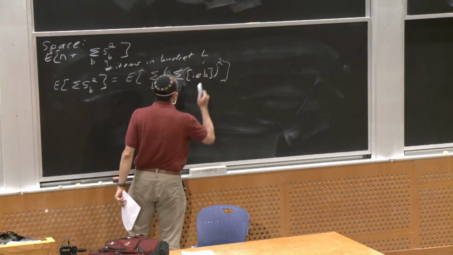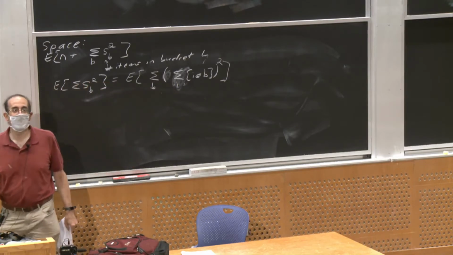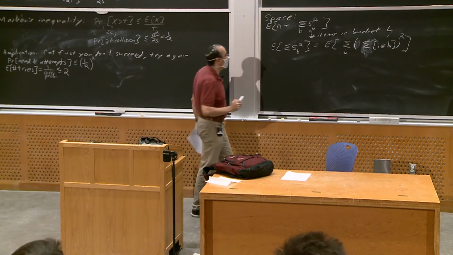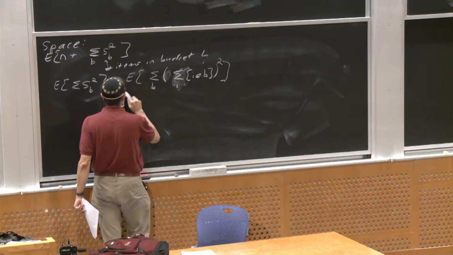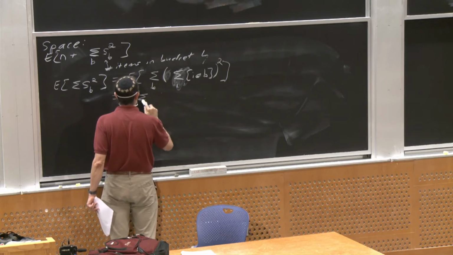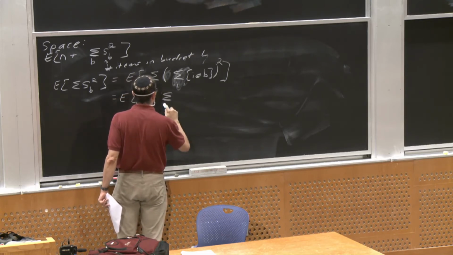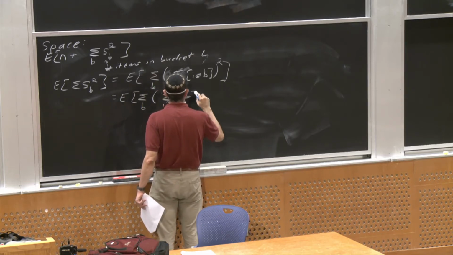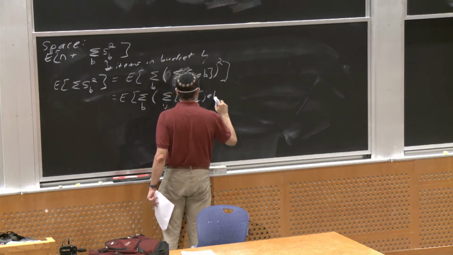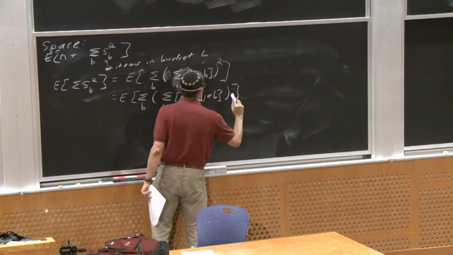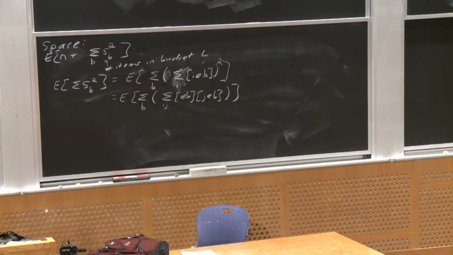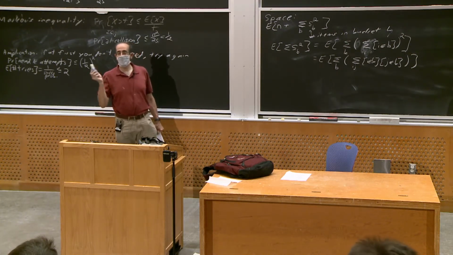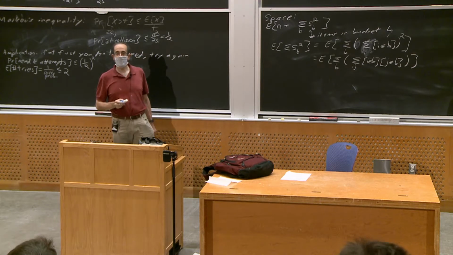Well, here I have the square of a sum. So how do I expand that? Well, I expand it as a sum of squares. Here I and j both range over all of the items.